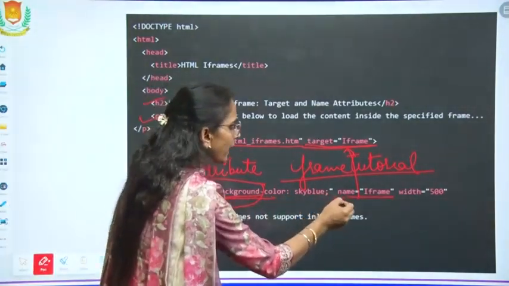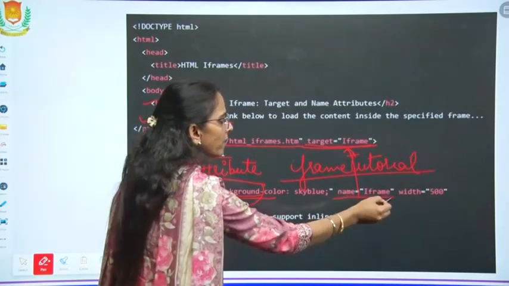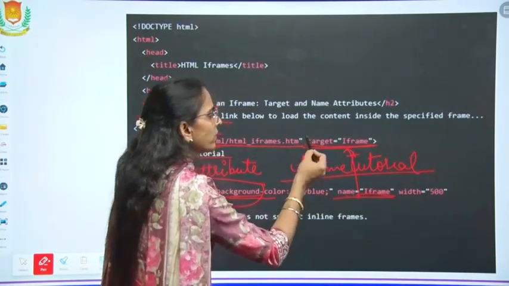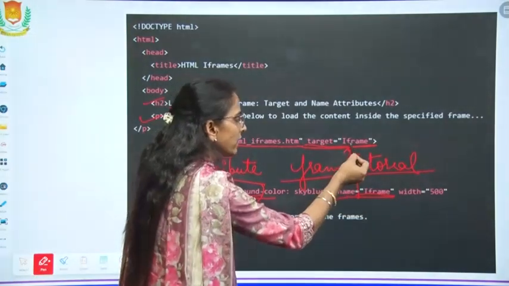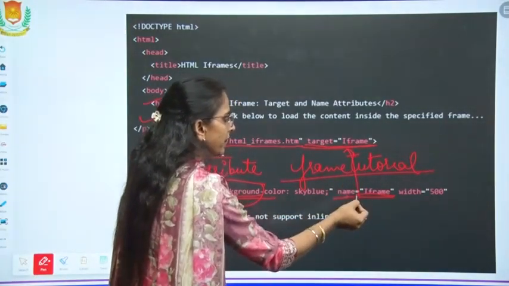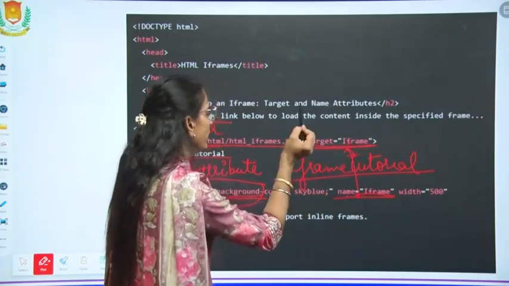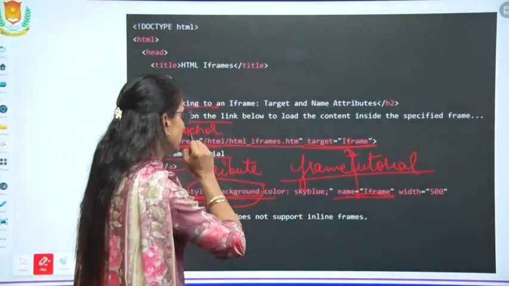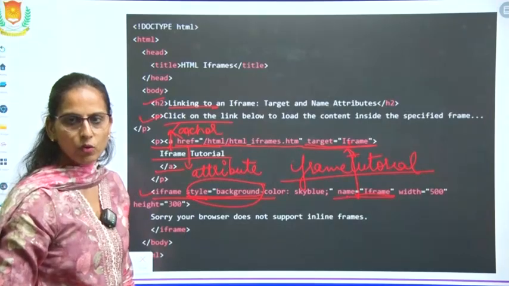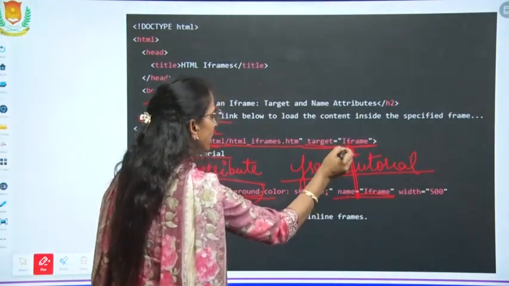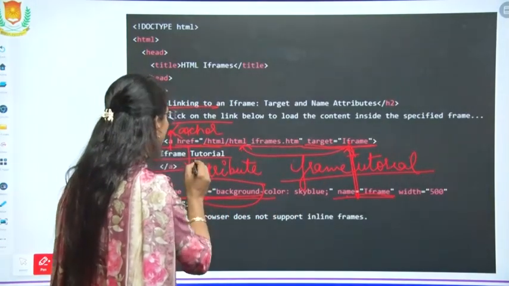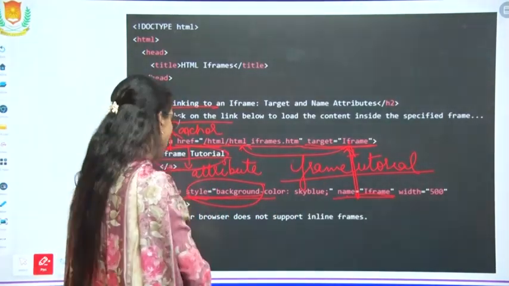After that, name is there. What name you have to mention, which we have given in the target name. So it will connect this to this, and this will be opened by clicking this. So there is a connectivity from there to there and to this document by clicking on the iframe.